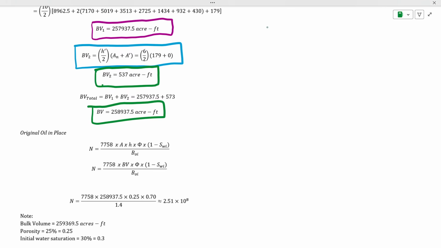Using the formula for original oil in place, we have N equals 7,758 times the area and thickness. Again, the area multiplied by thickness is the bulk volume, times the porosity, times the quantity 1 minus the initial water saturation, all over the initial oil formation volume factor.